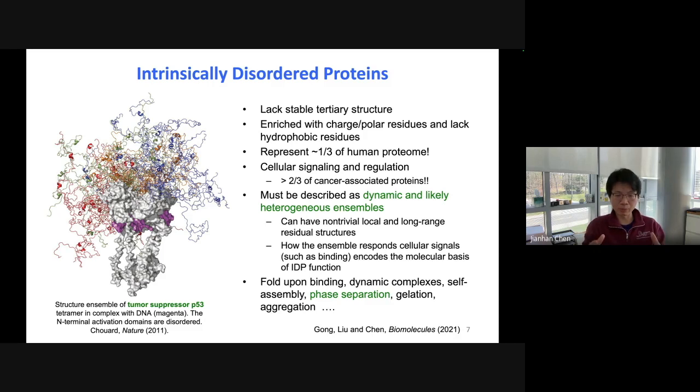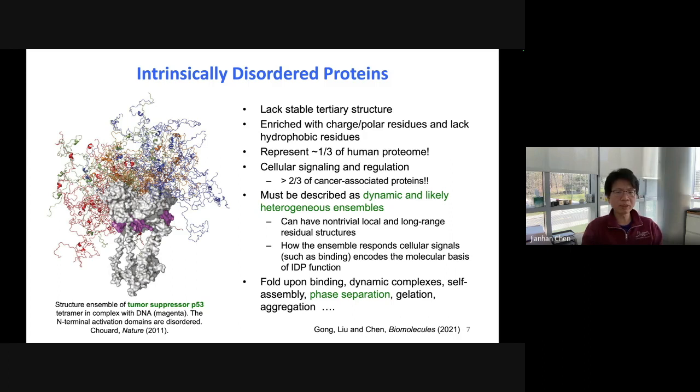So this class of proteins was also discovered somewhat recently. I would say mostly this century. In the last 2 decades or so, it's really become well recognized that these proteins are very important. They are really prevalent. The key property of these proteins is that they do not have a stable tertiary structure that tools like AlphaFold and others are trying to predict.